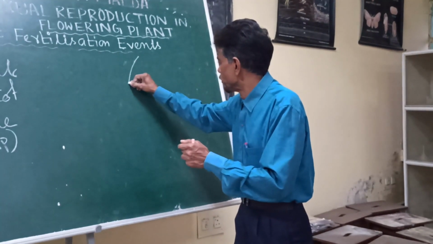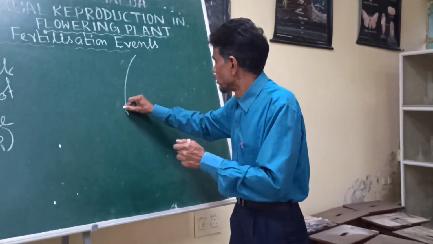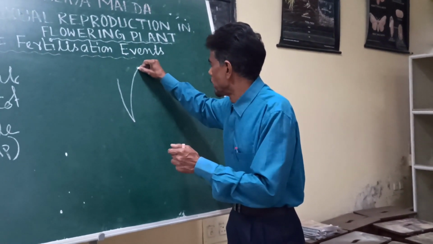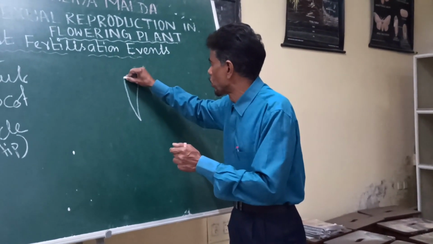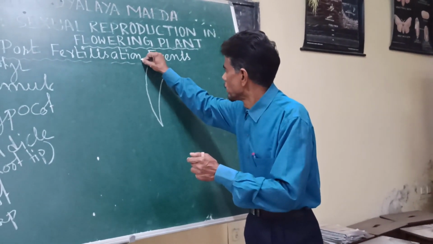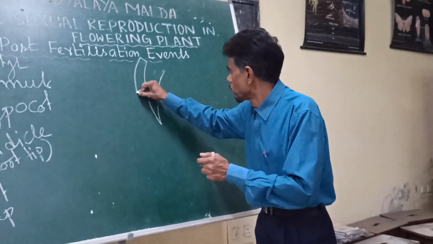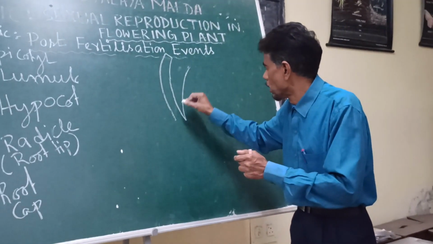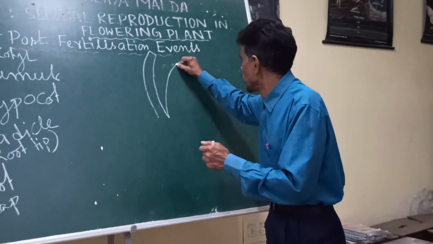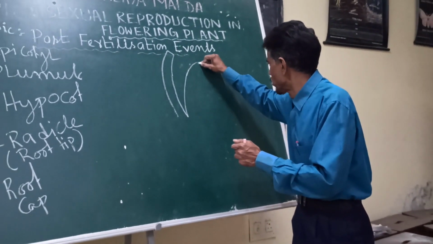So this is the embryo of a monocotyledon. See how you can easily draw this diagram with less effort.